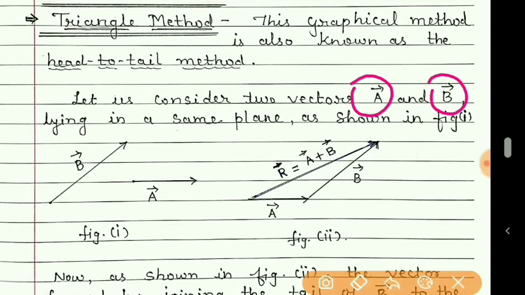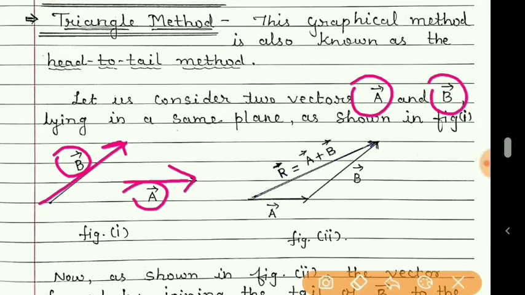You can see the figure, this is vector A and this is vector B. Now in this method, if we add this vector A and vector B, then we have to connect the tail of any vector with the head of second vector.